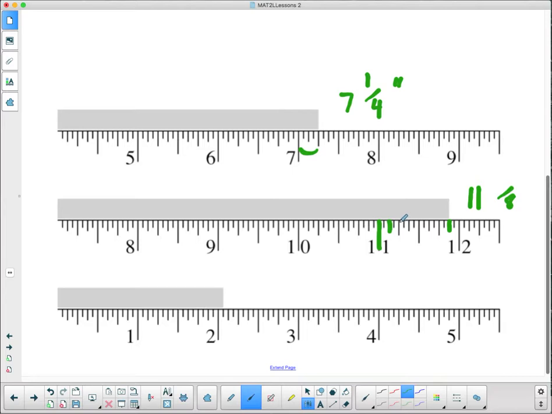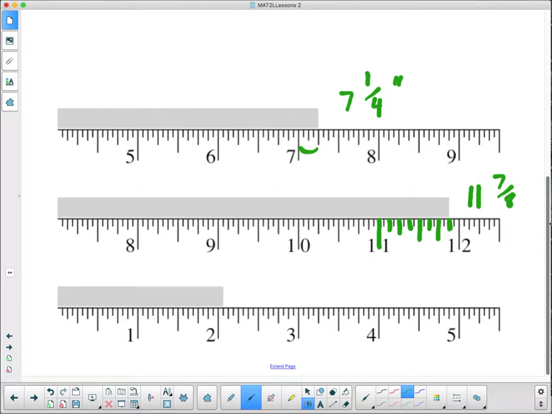There's 1. Now we have to count this one, even though it's a little bit longer too. You have to go the same space, so we're jumping over. So 1, 2, 3, 4, 5, 6, 7 eighths. So it's 1 7/8.